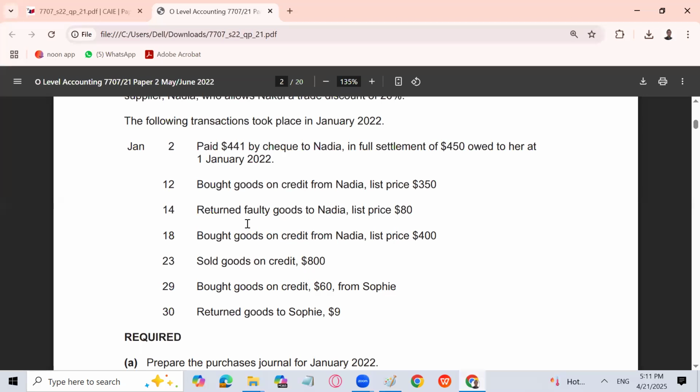So let's open the purchase return journal also. Though you will not know at the start of the question, if you look at the question fully, you'll find that the examiner has asked for the purchase return journal also, or the returns outward journal, one and the same thing. So there is an entry for purchase return on 14. Returned goods to Nadia, list price 80.